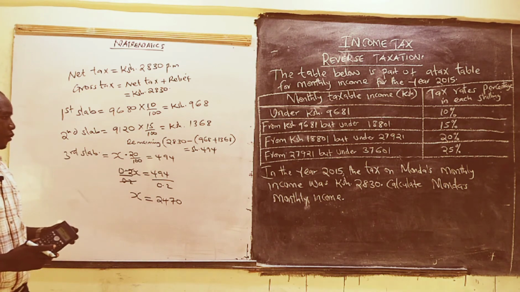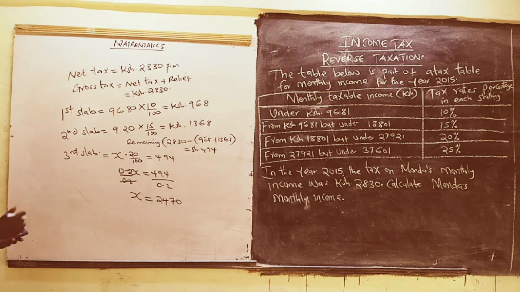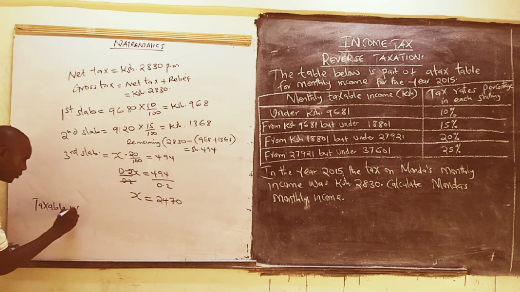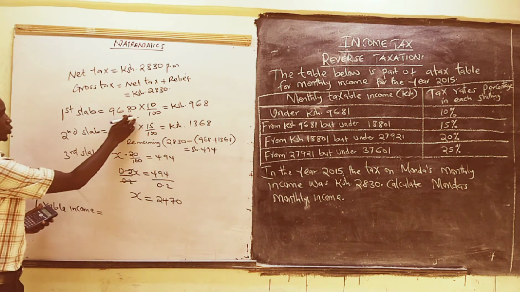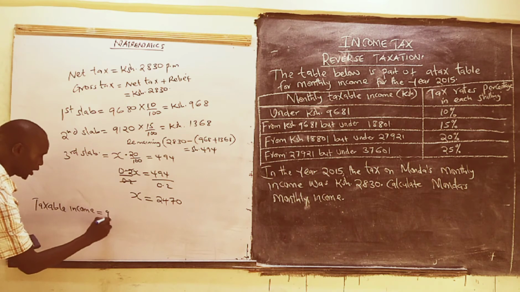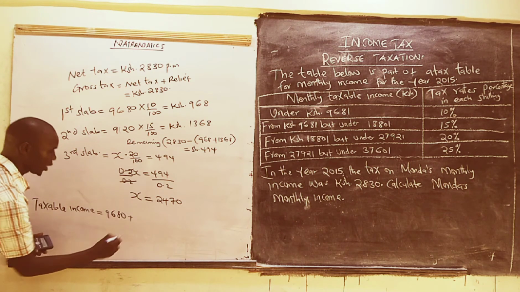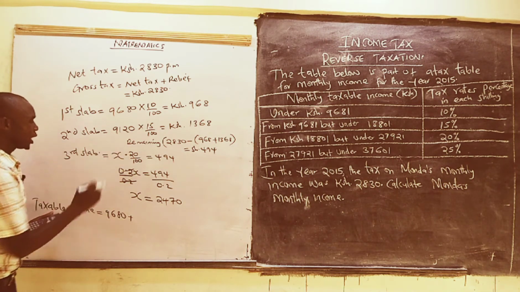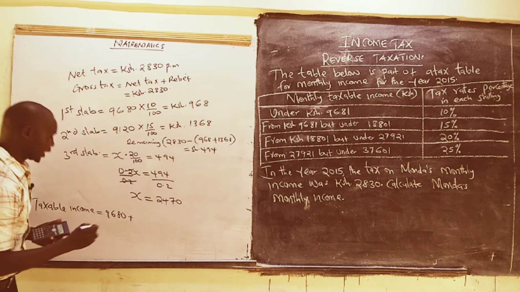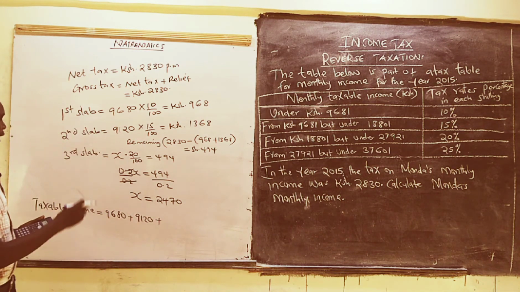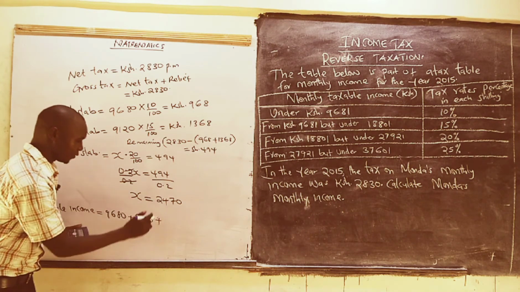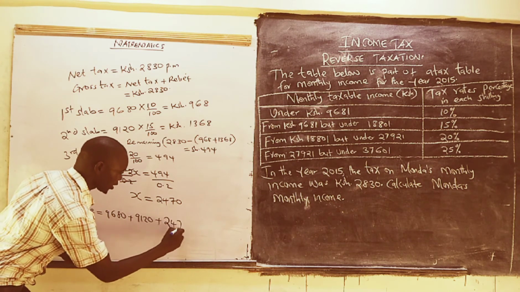So to calculate our taxable income for Monda, we are going to take the amount we taxed in the first bracket, which is 9680. We add the amount we taxed in the second bracket, which is 9120. Then we add the amount we taxed in the third slab, which is the value of x, and this is 2470.